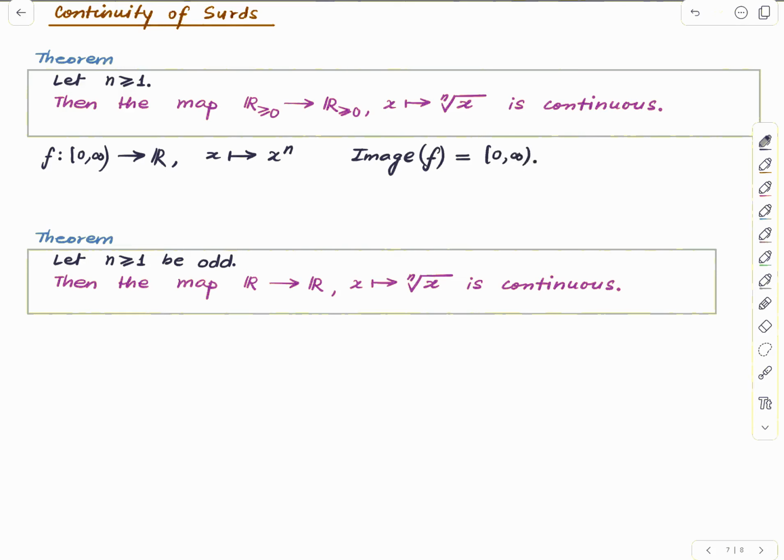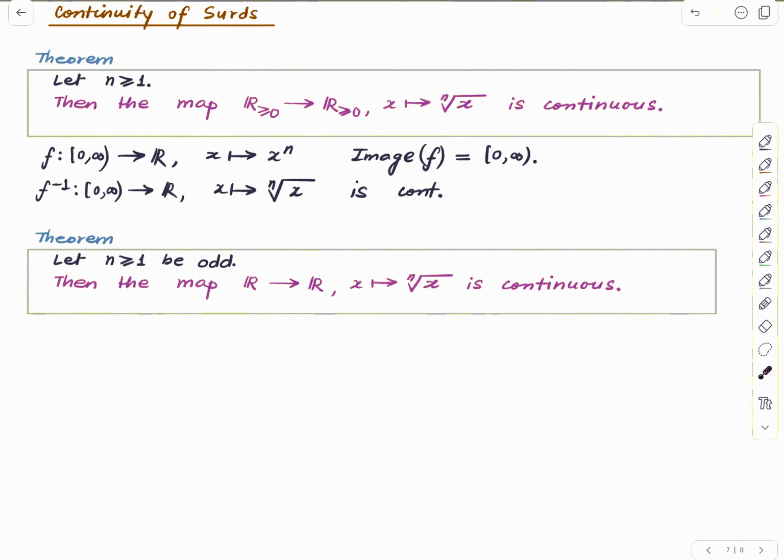And therefore, by the previous theorem, the inverse, which is nothing but x going to nth root of x, is continuous. So the nth root map is a continuous map whenever n is a positive integer. Very interesting deduction, even though this was expected.